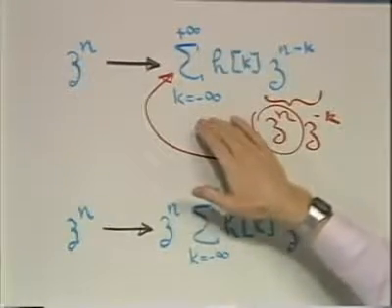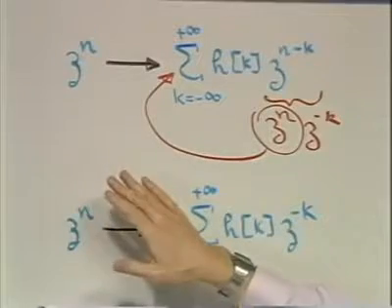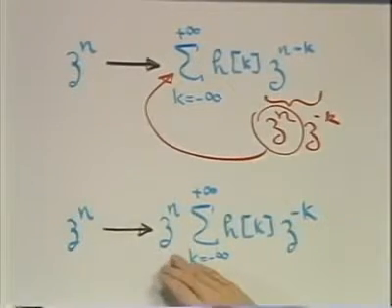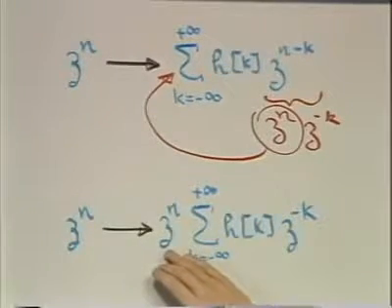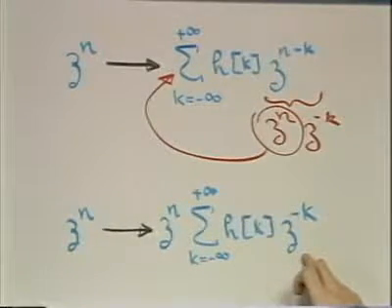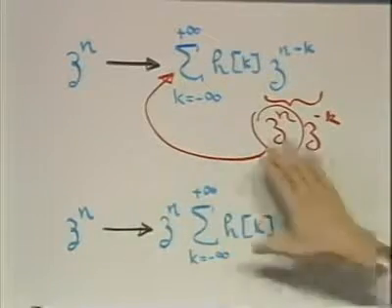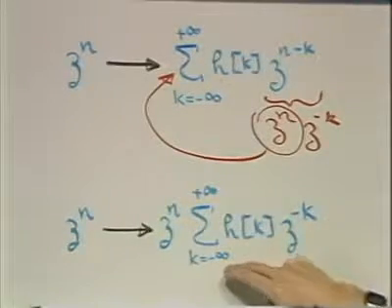And the conclusion is that if we have z to the n as an input, the output is of the same form times a factor which depends on z, but of course doesn't depend on k because that is summed out as we form this summation.